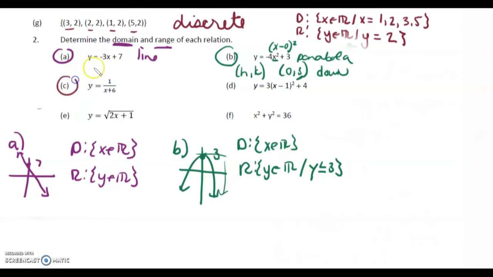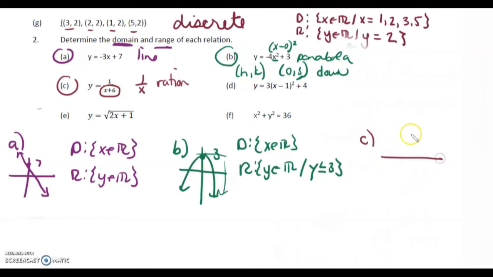All right, C. So C is our new function. It's going to be like the 1 over x, a rational function. Whatever this number is, say it's x plus 6, we would solve, and we're going to have a vertical asymptote at x equals negative 6.